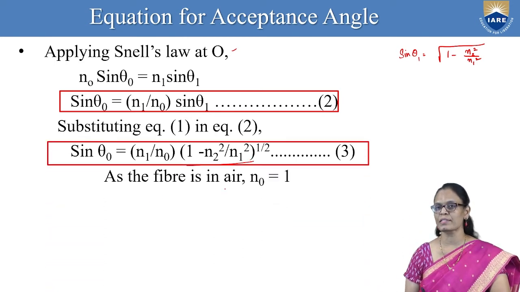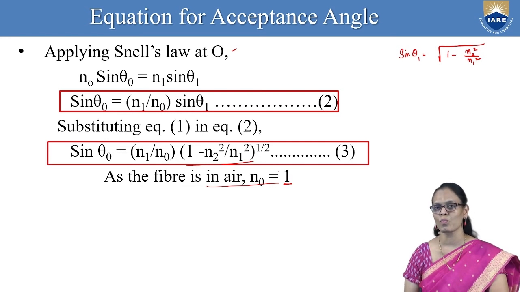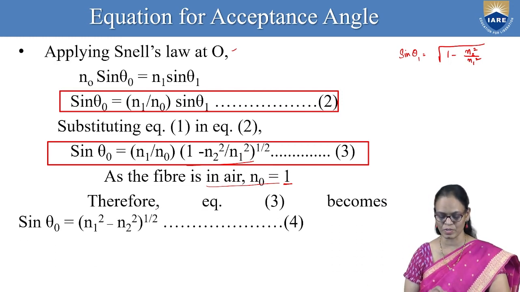As the fiber is in air, the light ray enters the optical fiber from air, and we are considering the refractive index of air to be 1. We know that for air or vacuum, we are considering it approximately to be equal to 1. So for air, we are taking N naught is equal to 1. So we will substitute this condition also here.